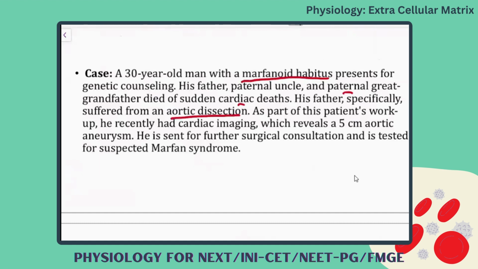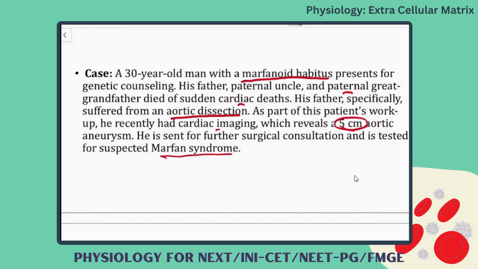As part of his workup, he recently had cardiac imaging which revealed a 5 centimeter aortic aneurysm. So a positive family history was seen in this case. He is sent for surgical consultation and tested for suspected Marfan syndrome.